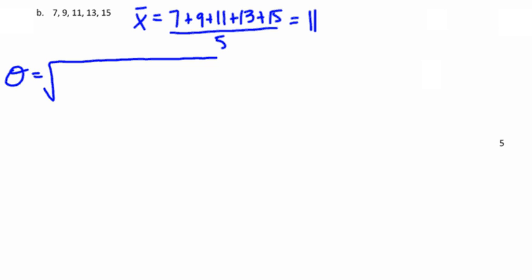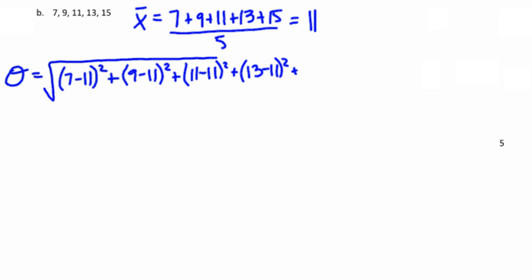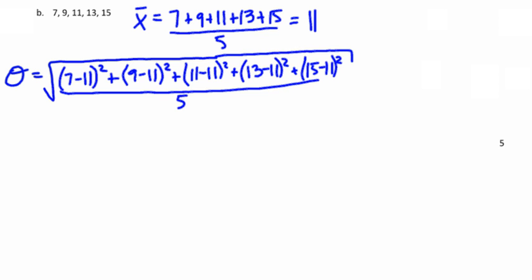So we have 7 minus the mean, which is 11. 7 minus 11 squared, plus, we're doing sum again, 9 minus 11 squared, plus 11 minus 11 squared, plus 13 minus 11 squared, plus 15 minus 11 squared. Make sure your square root sign covers all of your terms, all divided by 5.